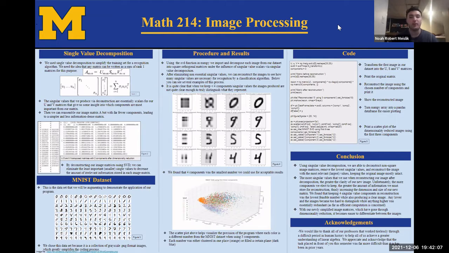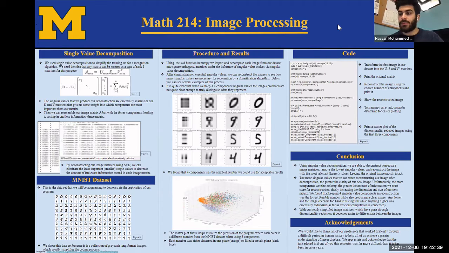From there, we're able to print what the original matrix looked like, what the reconstructed image looked like, and also create the scatter plot that you see that basically classifies each image as a set of its 3 largest components, because anything greater would be too hard to visualize on a plot. So we're really only able to visualize up to 3 components. And I'm going to pass it on to Hassan for the conclusion.